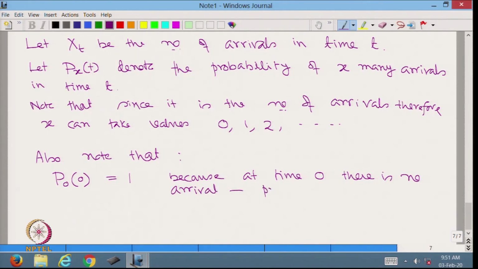That is, process starts at time 0, and P_x(0) is equal to 0 for all x greater than 0, because of the same reason that at time 0 there is no arrival.